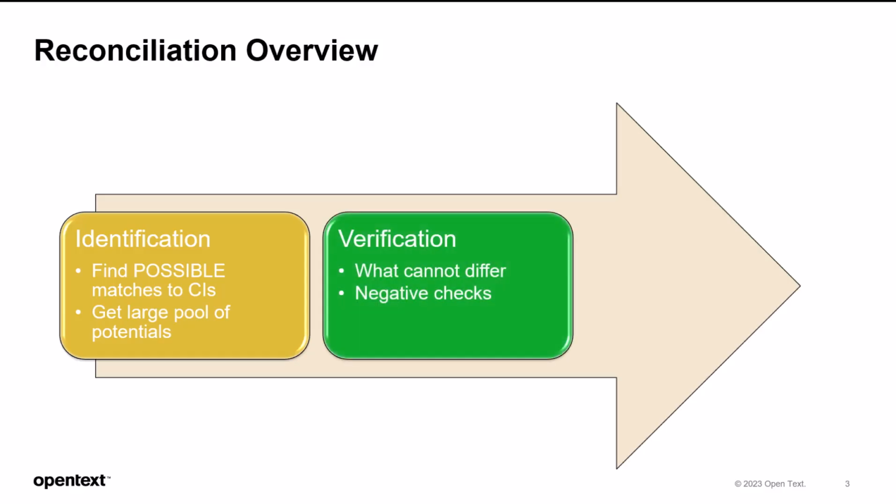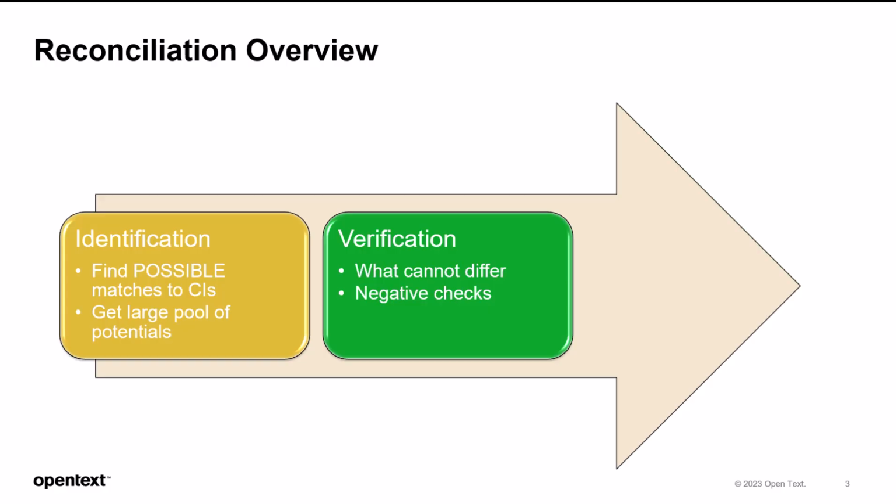Then we get into the second part of reconciliation and the first subsection of the second part, which is verification. Verification is absolutely, positively must not differ. And these are negative checks only. So we're unconcerned with a true or unknown result in the verification part.